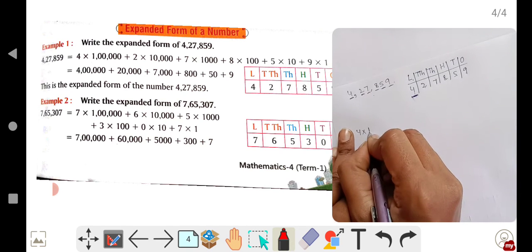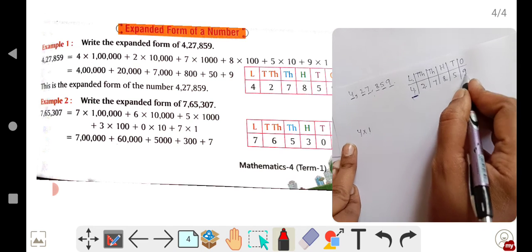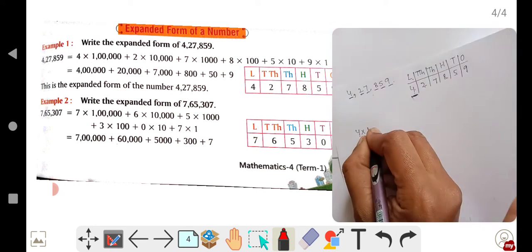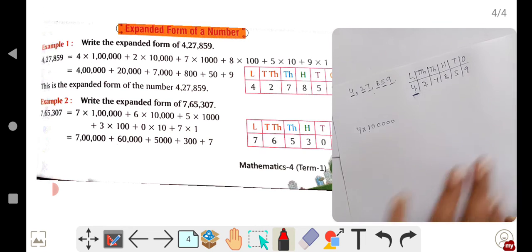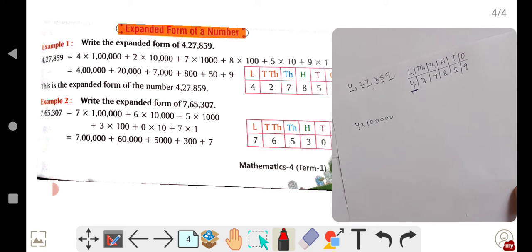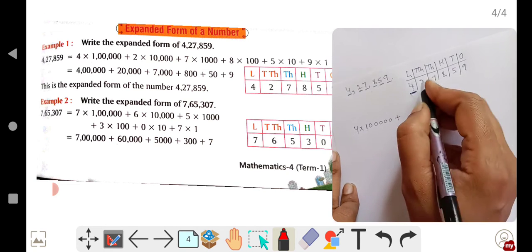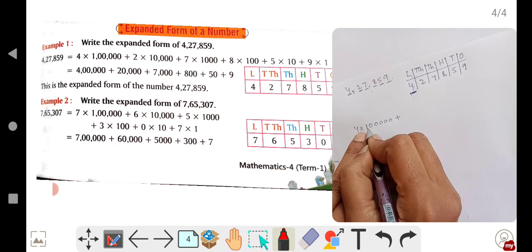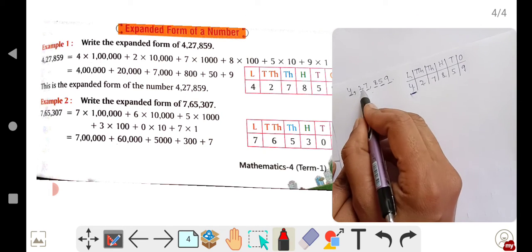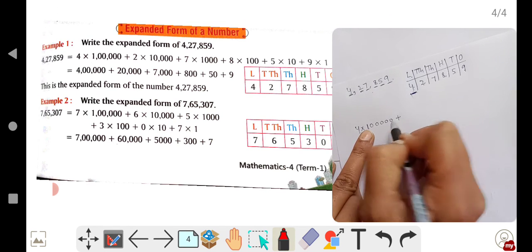So write here 4 into 1. 4 ones are 4 and 5 zeros, the number of zeros you have to write. Then plus 4 into 1, 4 ones are 4, and these zeros 1, 2, 3, 4, 5. Number of digits in that place, you have to write that number of zeros.